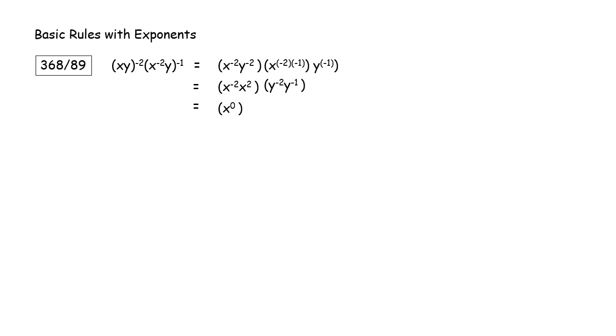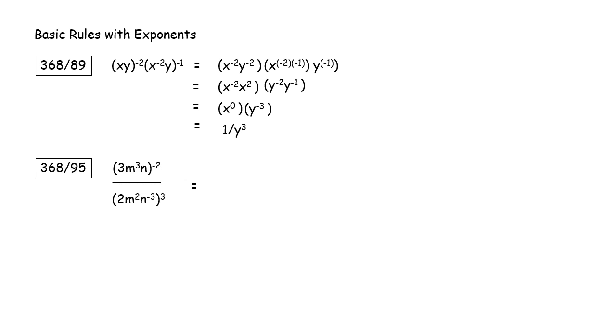So for the x, it's x to the negative 2 plus 2, and the y is negative 2 minus 1, which is y to the negative 3. So we saw that x to the 0 is going to be 1, and to clean up the y to the negative 3, we'll bring that to the denominator and get 1 over y cubed.